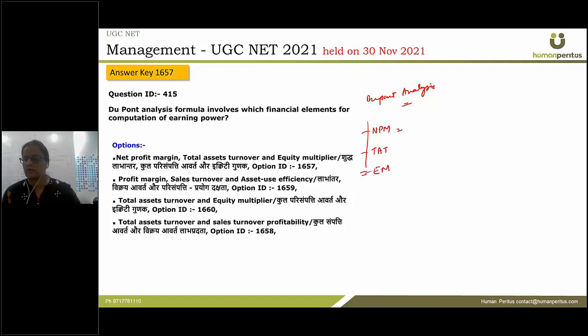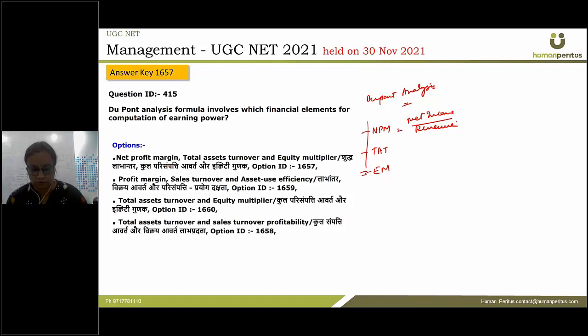And what are the basic 3 components? Net profit margin is calculated by dividing net income of the firm by its revenue. So what actually is NPM? NPM indicates the quantum of net income as compared to the total sales revenue of the firm.